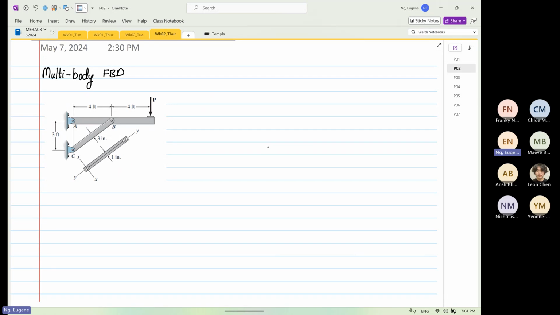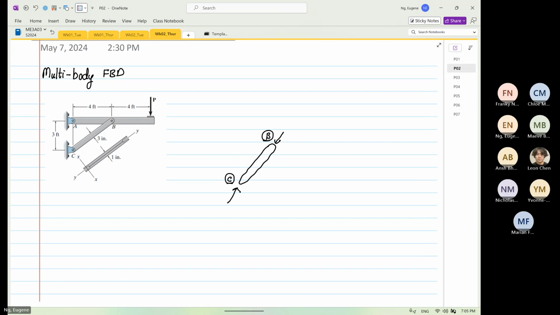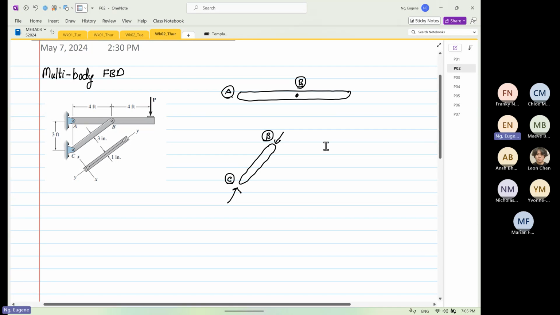So we know that this is our member BC. This is C, this is B, and this is under compression. Then we have member BC connected to member AB. So this is point B, and this is point A. I'll shift this slightly.